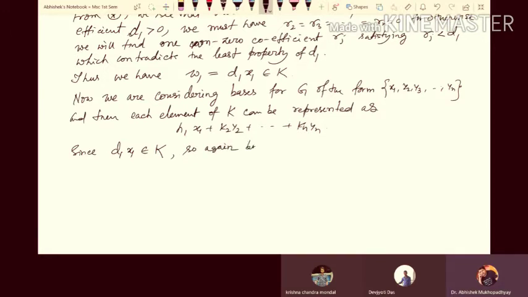again by division algorithm, we can divide h1 by d1. So by division algorithm, h1 can be written as d1 q star plus r star, where 0 less or equal to r star less than d1.